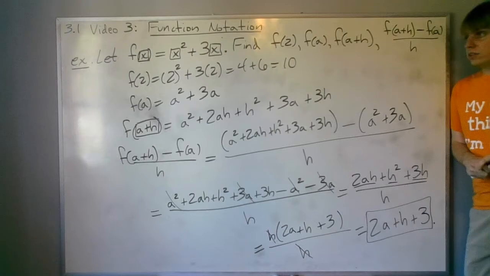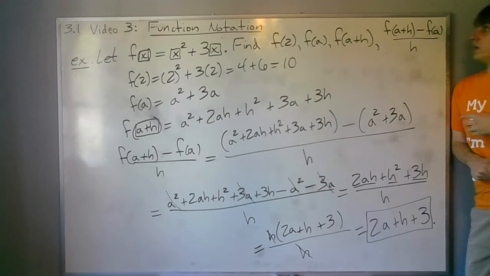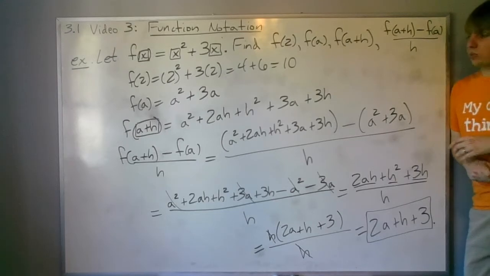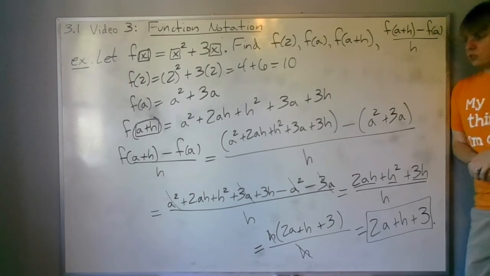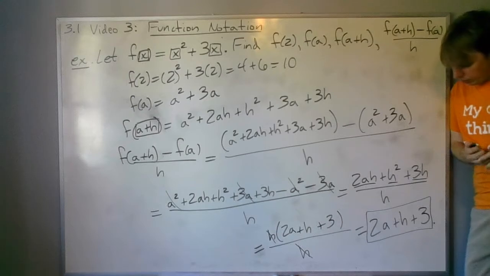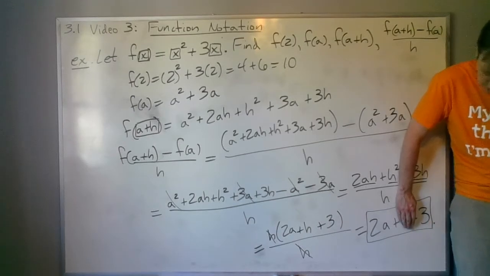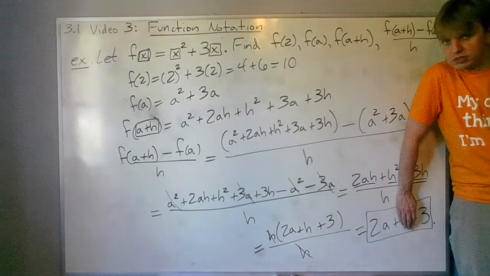So calculus is built on something called a derivative, and this is kind of one of our fundamental building blocks, one of the common things we're going to be using algebra-wise to calculate what a derivative means. And so, if we do one other step, if we pretend this h isn't here, 2a plus 3, ignore why I'm doing this, just bear with me.